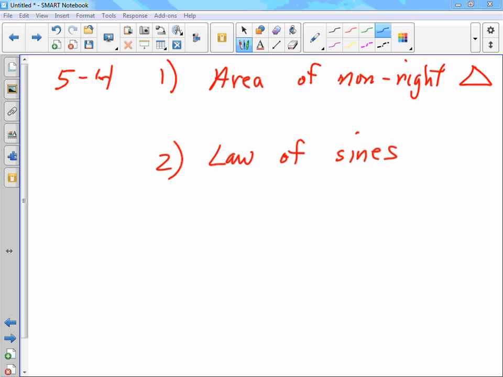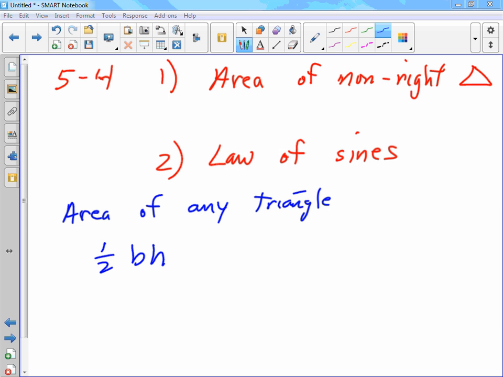As Zach showed us, what formula do we use for the area of a right triangle? Or I shouldn't say that, the area of any triangle. Area of any triangle is 1/2 base times height.